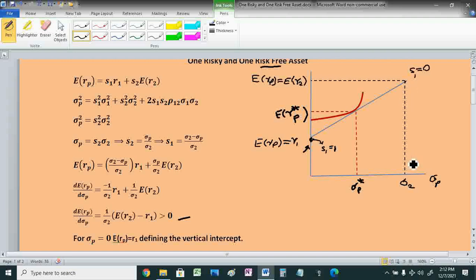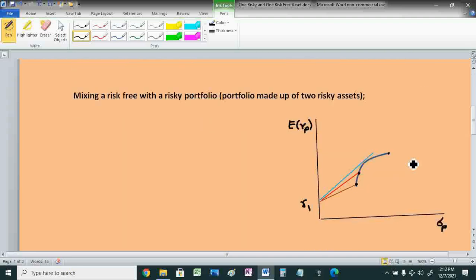Given this, now look into the case where we are doing a little bit of different thing, and it is that I am mixing the risk-free asset with a risky portfolio. Let us say that the risky portfolio consists of two risky securities.